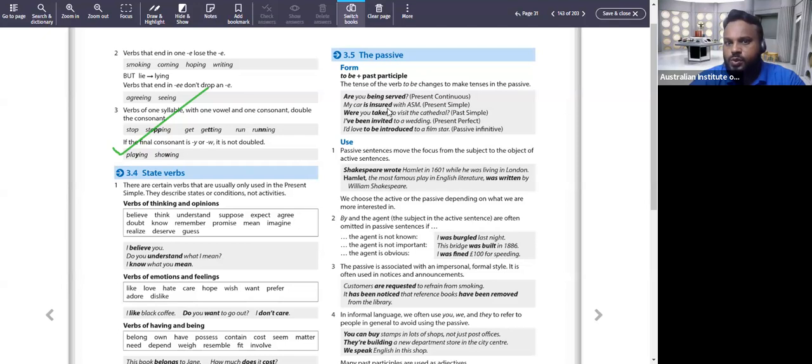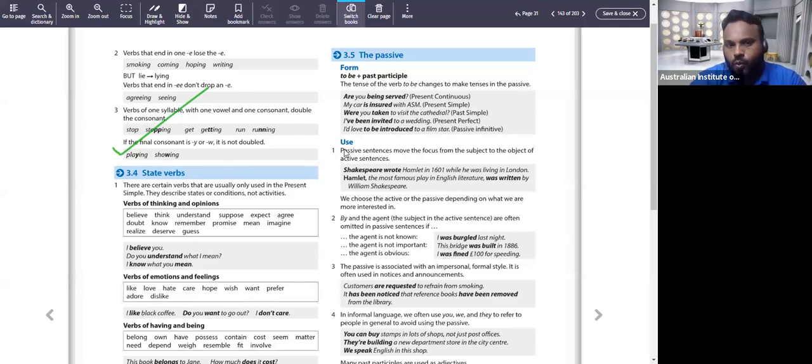My car is injured with ASM, present simple. Were you taken to visit the cathedral? Past simple. I have been invited to a wedding, present perfect. So here there are some structures. We'll go through them here, and if more explanation is needed, I'll do that. These are some examples. Now the use.